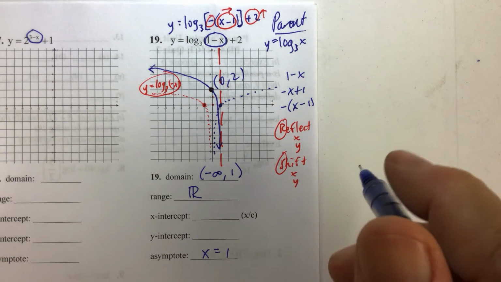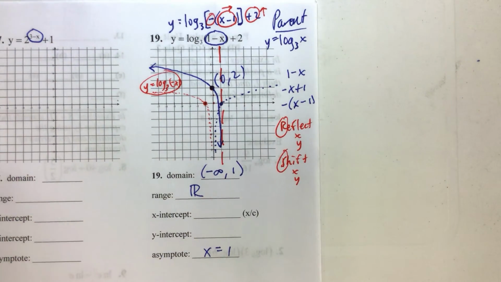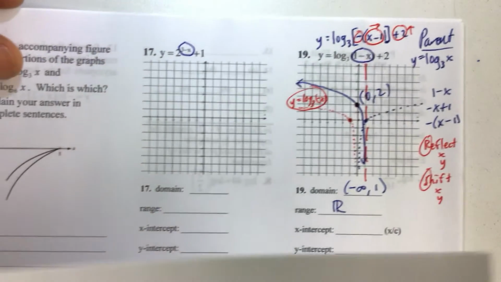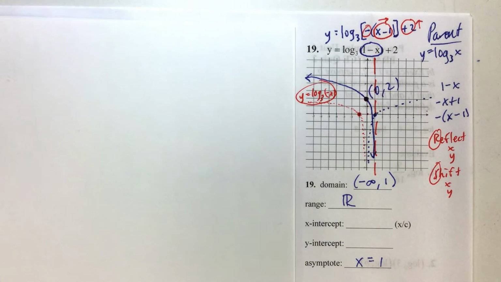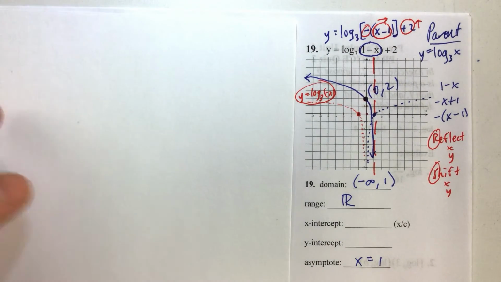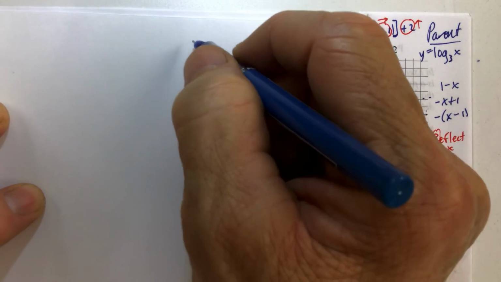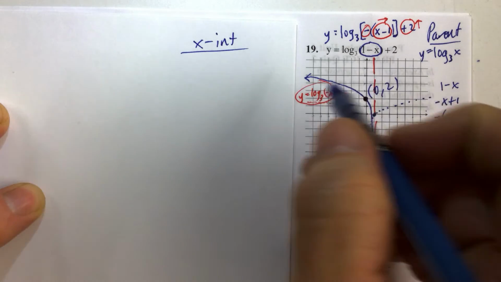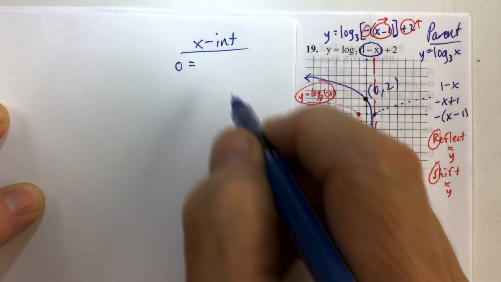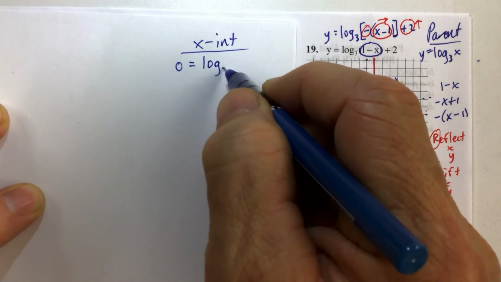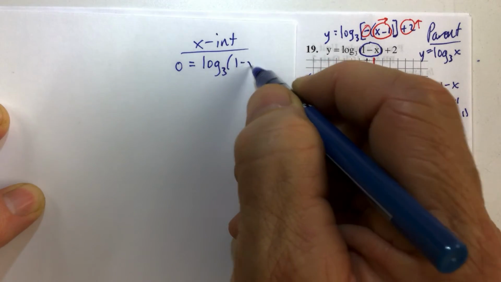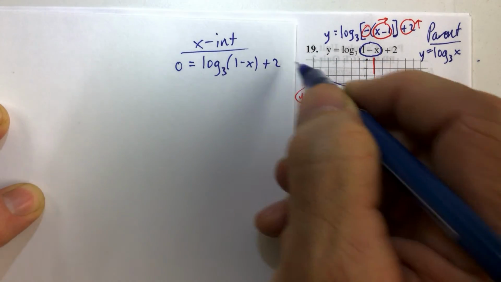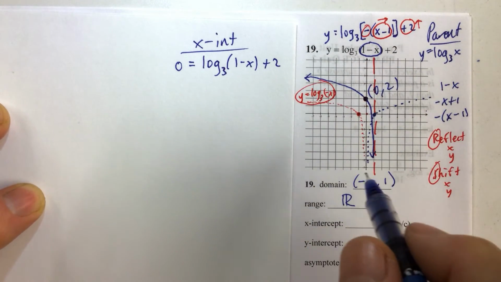Now let me use some space over here to show you the x-intercept so we have a nice clean slate. To find the x-intercept, we set y equal to 0. We have log base 3 of 1 minus x, plus 2, equal to 0, because y is 0 at the x-intercept.